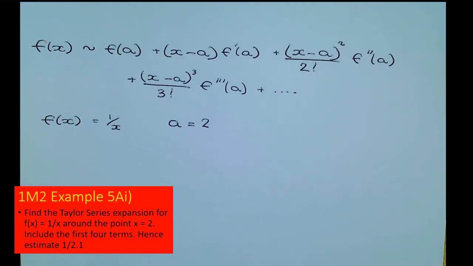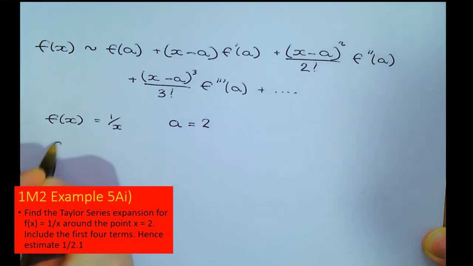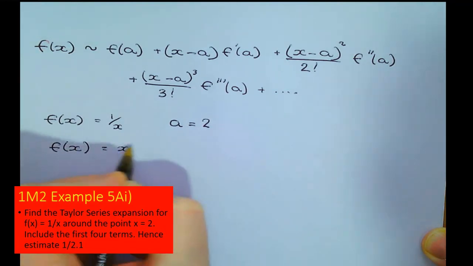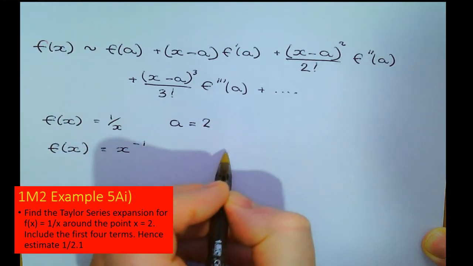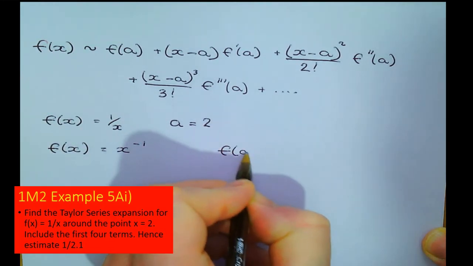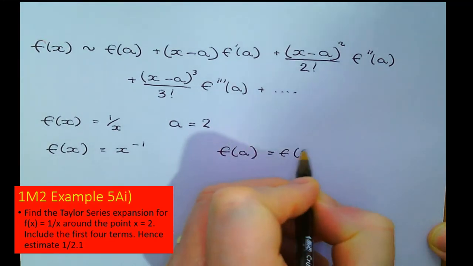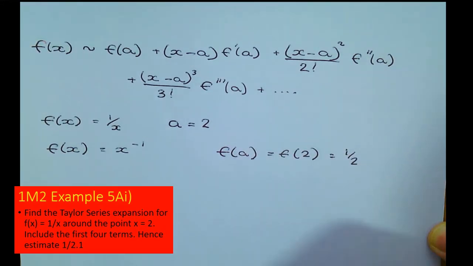We will have powers of x minus 2. We're going to have to differentiate the function. So let's rewrite f of x as x to the minus 1. So we'll have that our f of a, which will be f of 2, that is equal to 1/2.